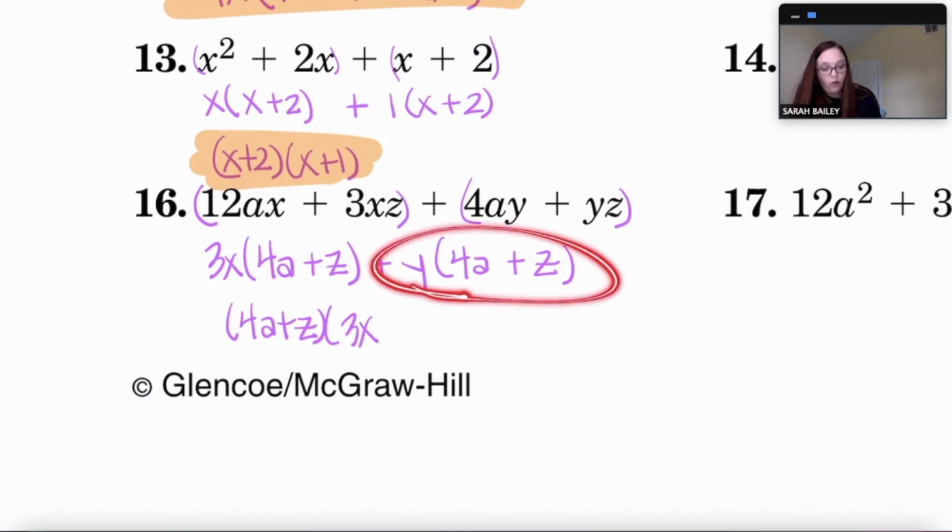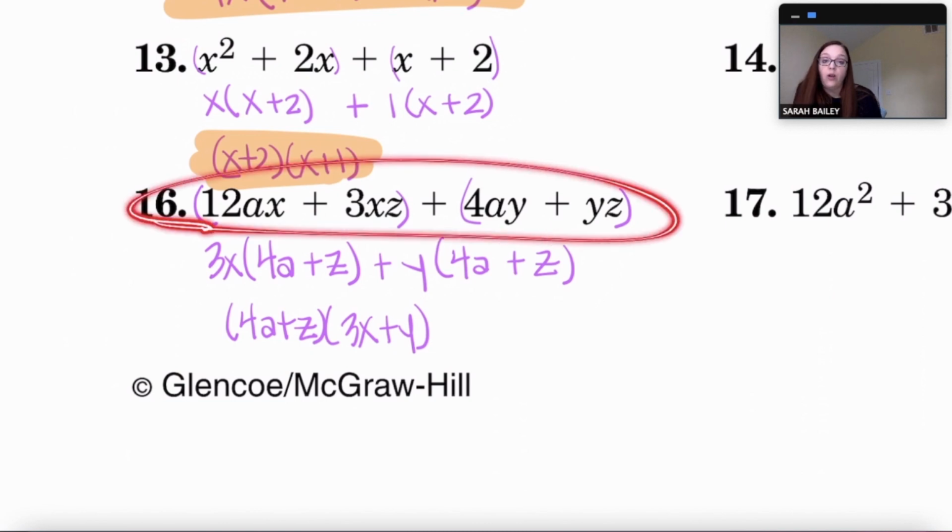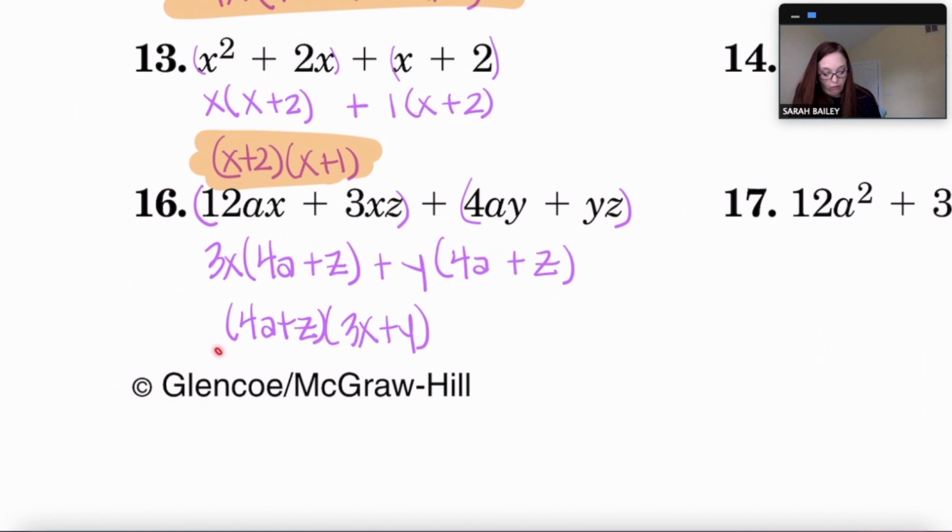If I take 4a plus z out of here, which I already have, I'm left with just a plus y. So this can be factored into 4a plus z times 3x plus y.